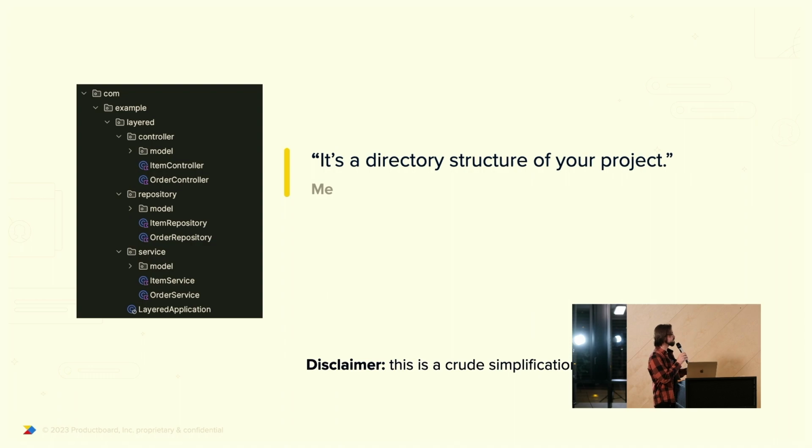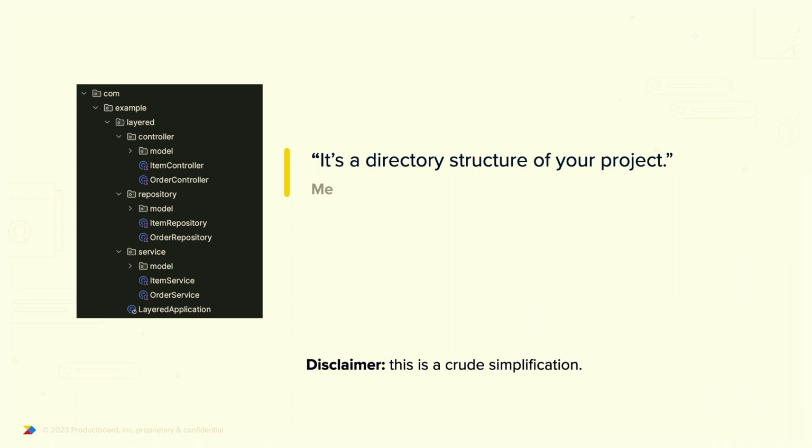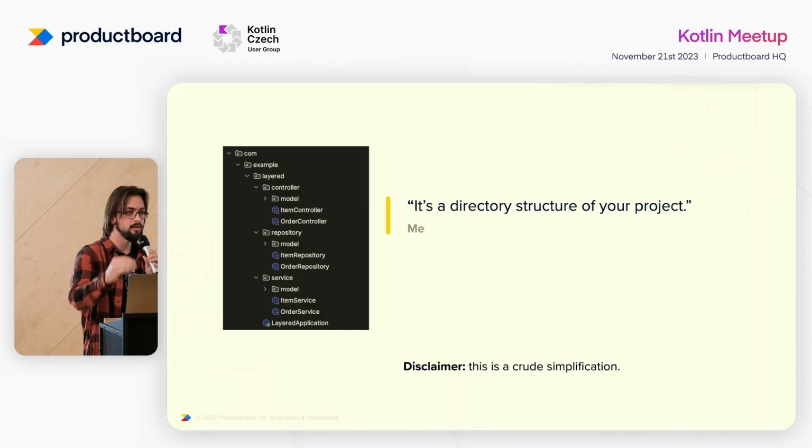Because first of all, it kind of omits event-based architectures like event sourcing and a lot of different things. But bear with me for a moment. When you start a project and you decide on your application architecture, the first thing you would actually do is set up your directory structure.